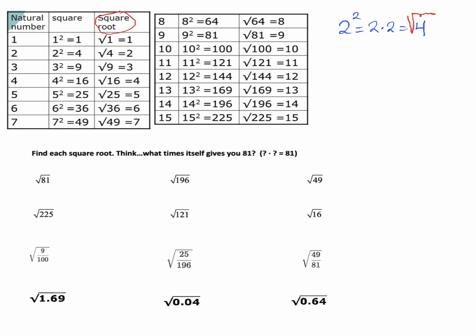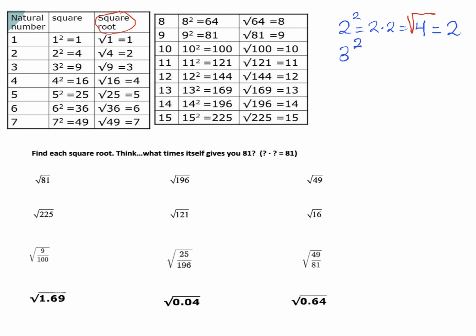Notice I'm using the same word square, but this time I'm adding the word root onto it. Suppose I want to find the square root of 4. You ask yourself, well, what number multiplies itself twice to give you 4? And the only number that multiplies itself twice to give you 4 is 2. So the square root of 4 is 2.